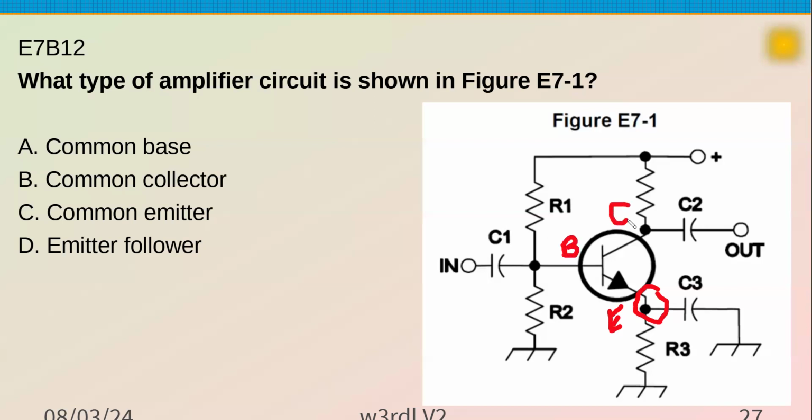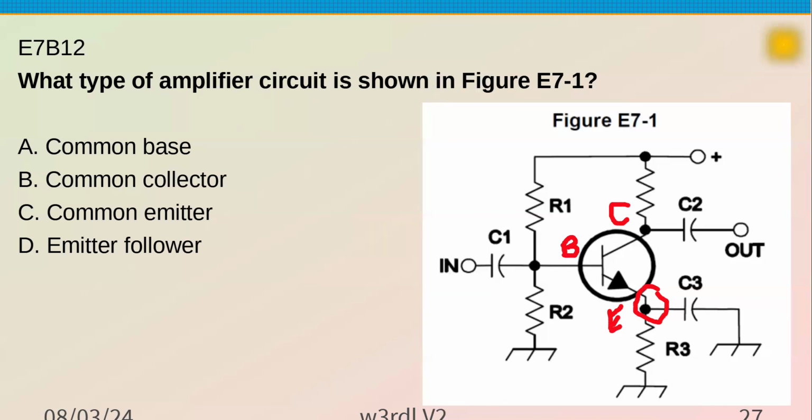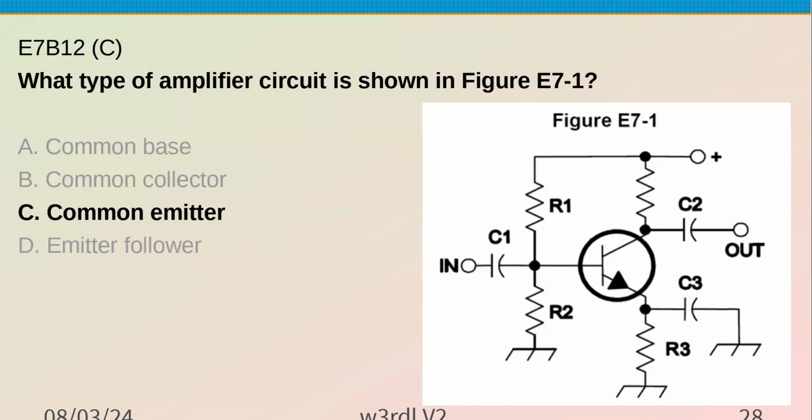This is the collector. So they call it common emitter. That, I guess they call that common source. That's not on the picture.